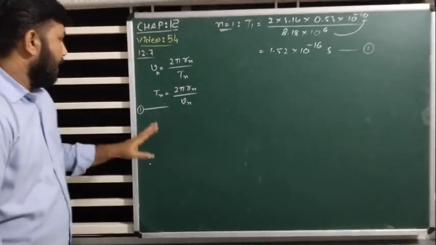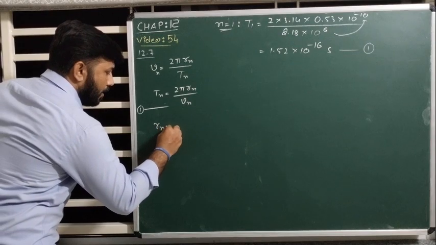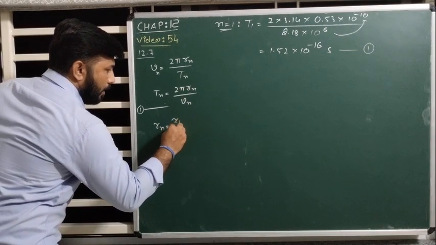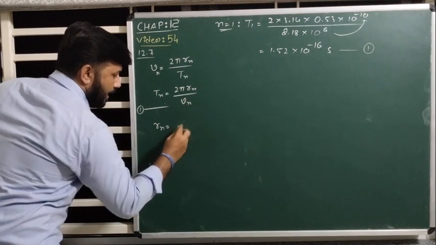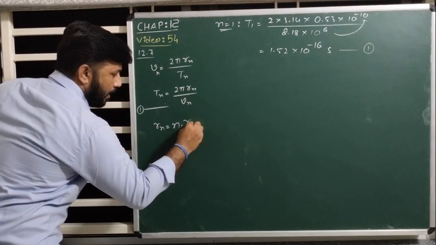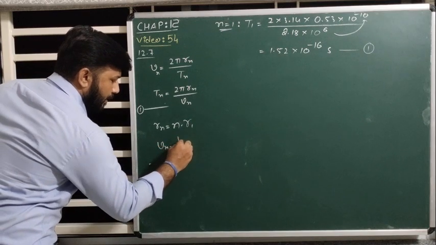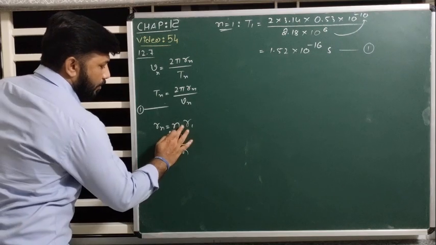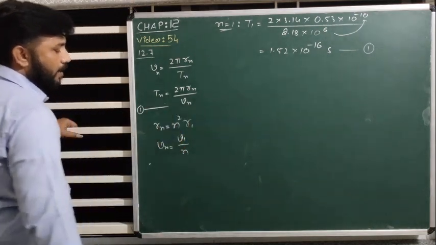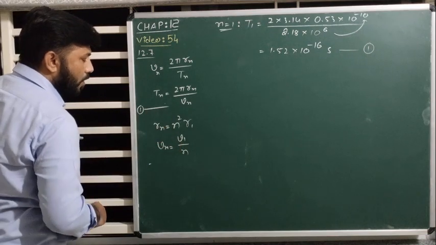Now in this equation we know that Rn is equal to, sorry, not this, it is n square multiplied by R1, and Vn is nothing but V1 divided by n. So put these two values in equation number 1.